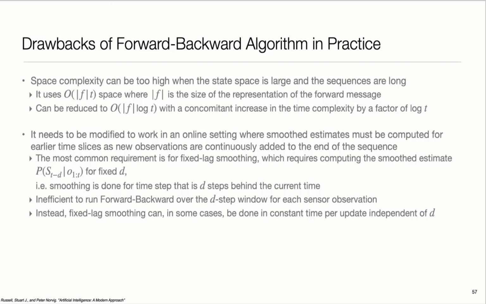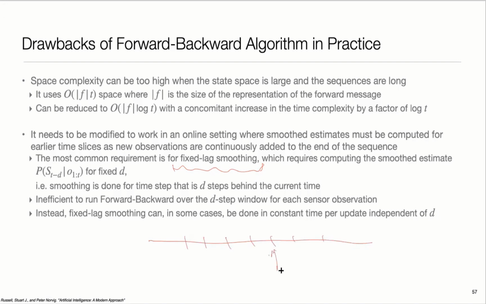So the most common form of smoothing in practice is what is called fixed lag smoothing, which is where I want to smooth with a fixed known lag, and that specification of the lag comes from my system level specifications. What's happening is that I'm getting sensor measurements at different times.